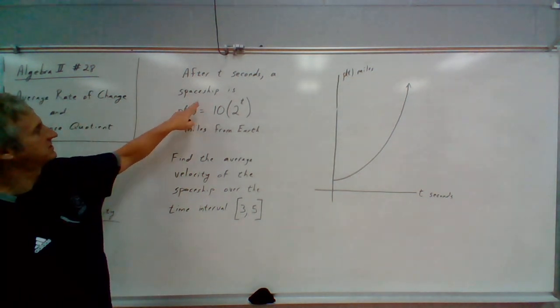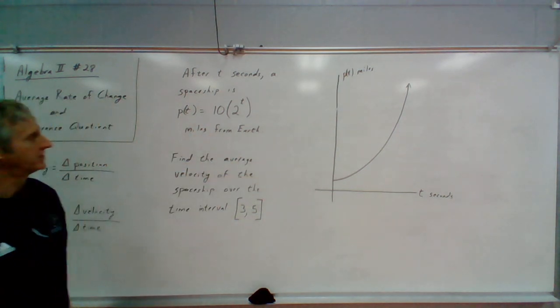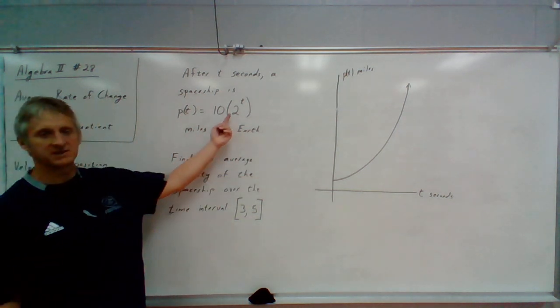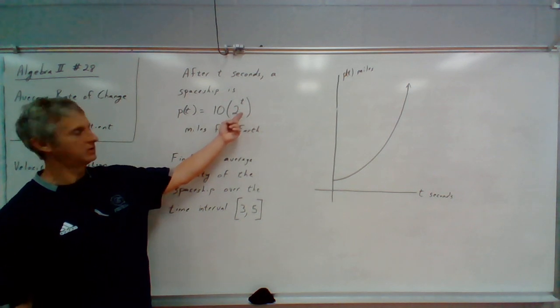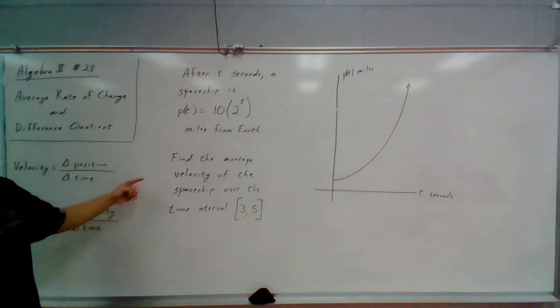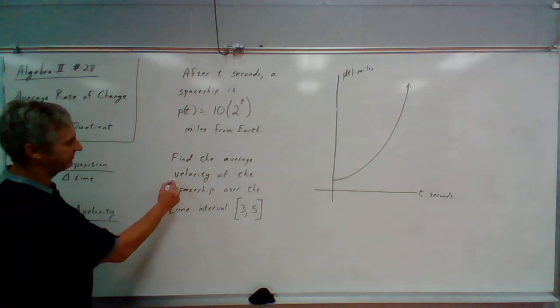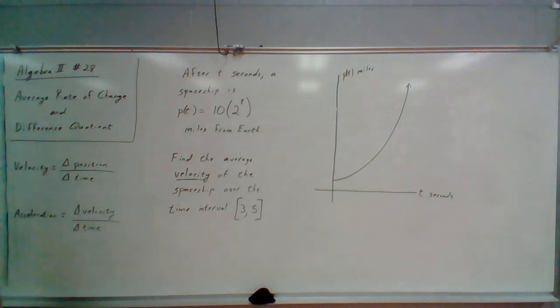So after t seconds, a spaceship is this many miles from Earth. And again, I'll graph that for you here. So I plug seconds into this equation, and this equation spits out miles from Earth. So I want to find the average velocity of the spaceship over that time interval.